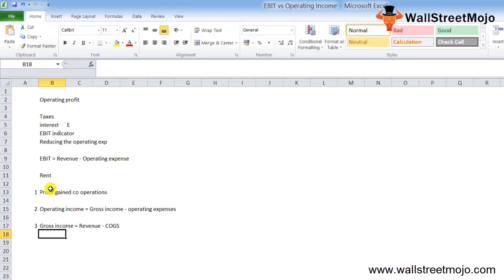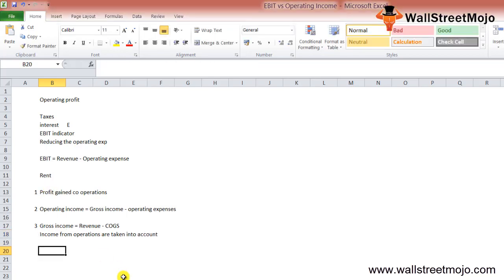People tend to believe that EBIT and operating income are one and the same, but the major difference is that EBIT also includes the non-operating income that the company generates, but in the case of operating income, only the income from the operations is taken into account.